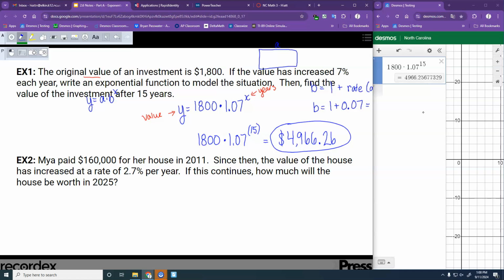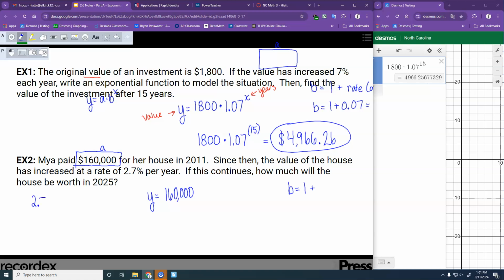So when we're writing our equation here, it's going to be y equals our A value, which is our starting value. It's how much we started with. So we're going to have 160,000 goes here. To find our B value, we're going to do 1 plus our rate as a decimal.